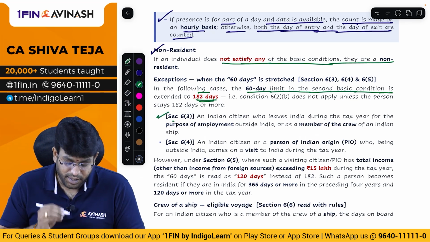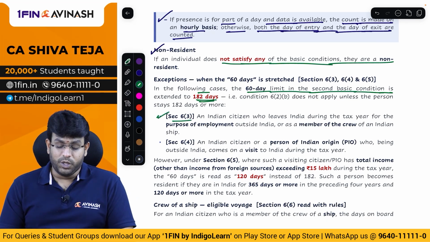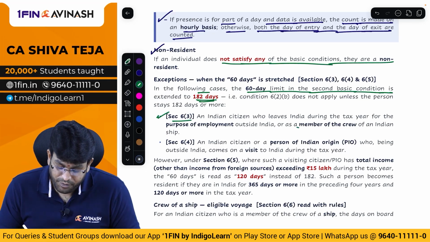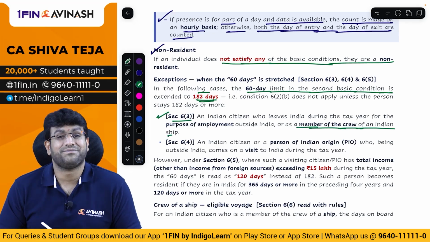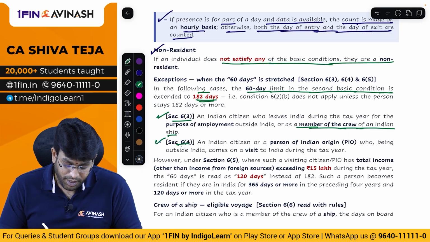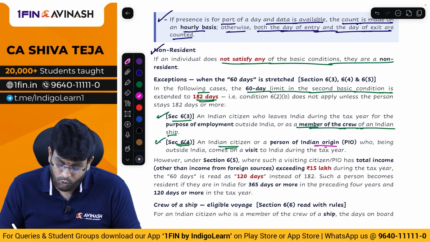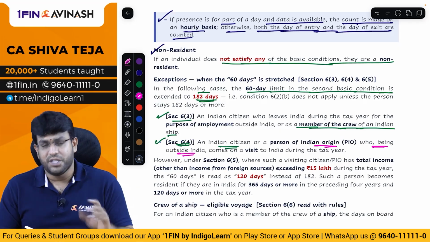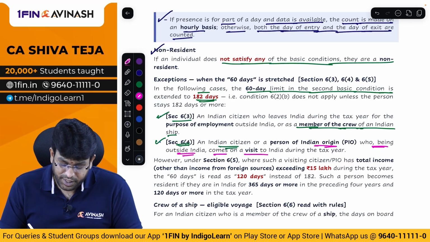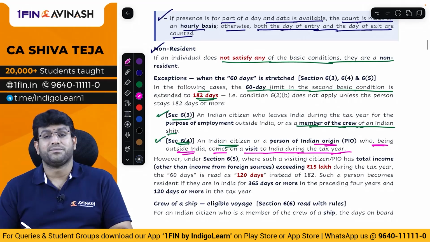First point, 6.3. Indian citizen who leaves India during the tax year for employment outside India or as a member of crew of an Indian ship. 6.4. Indian citizen or a person of Indian origin who, being generally outside India, comes on a visit to India during the tax year.